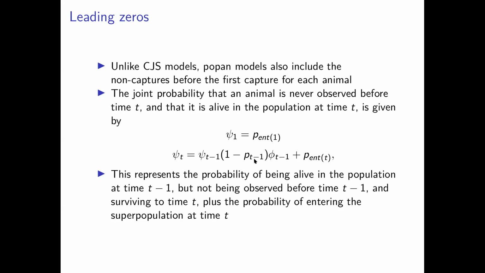So that would mean that you'd never observed it before time t, but it's alive at time t, plus the probability that it's just entered the population at time t.